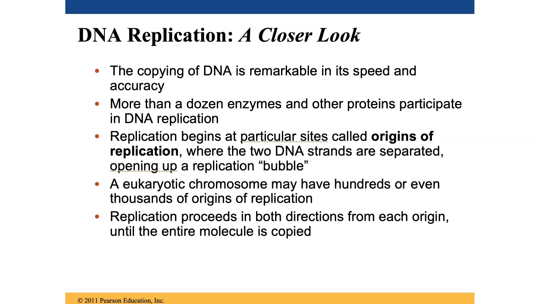Your DNA molecules are quite large. I believe if you unravel all the DNA from one cell, it's about 6 feet long. So just think about that. And we'll look at the directions of replication as we're going through it.